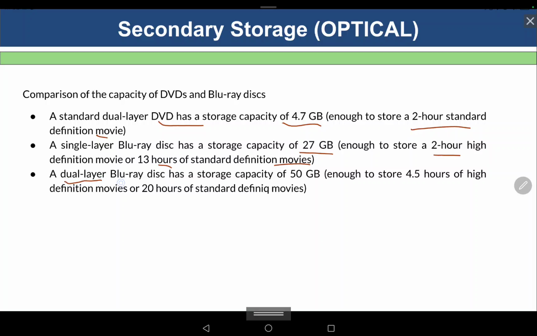A dual layer Blu-ray disc has a storage capacity of 50 GB, which is enough to store 4.5 hours of high definition movies or 20 hours of standard movies.